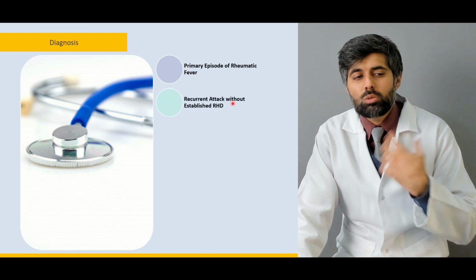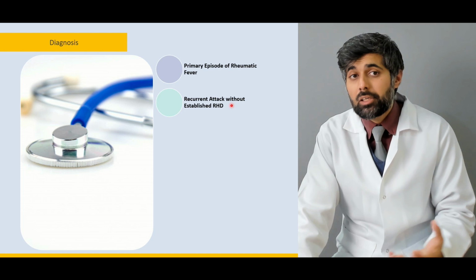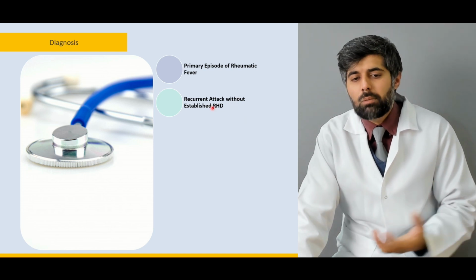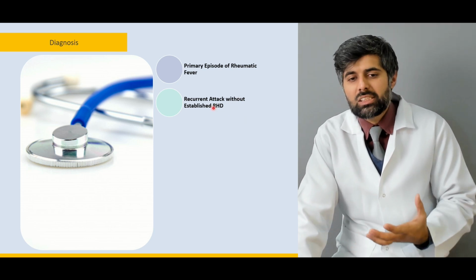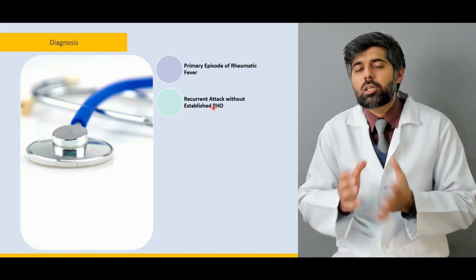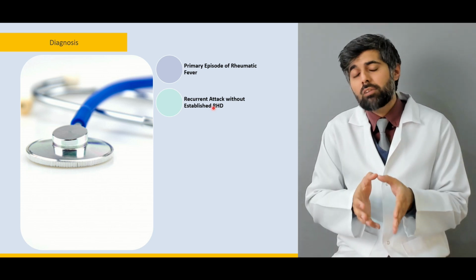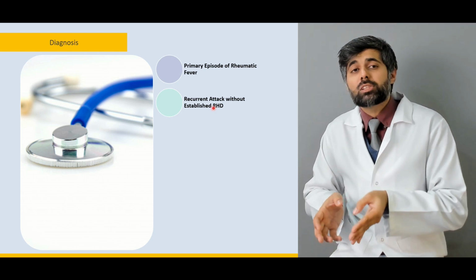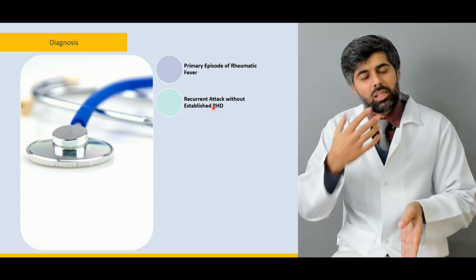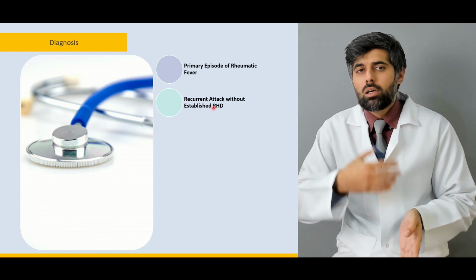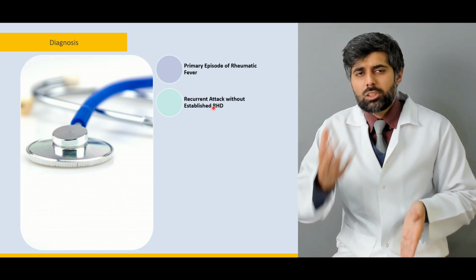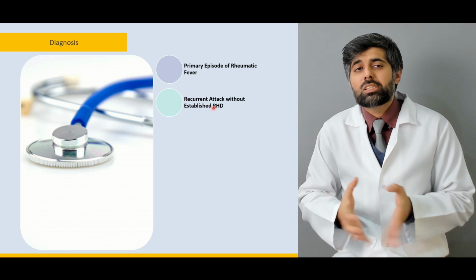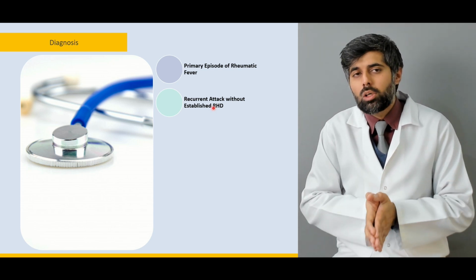If we want to diagnose the patient with a recurrent attack without an established rheumatic heart disease, again the patient must have two major manifestations, or one major and one minor manifestation, with established evidence of a previous attack of group A streptococcal infection.